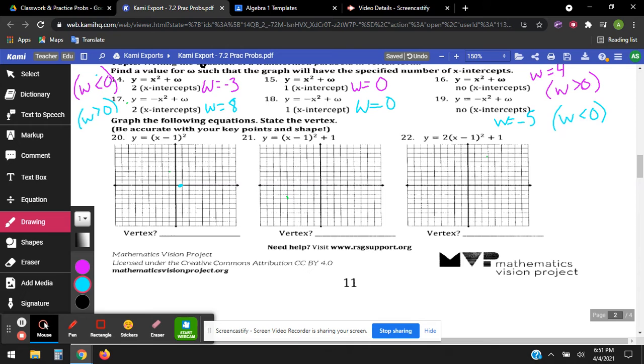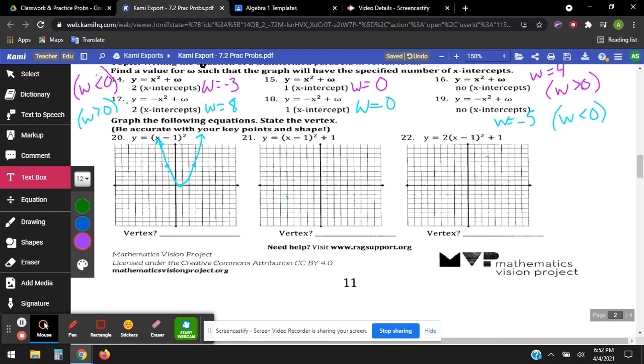So 2 minus 1 is 1 squared, on each side of it. 3 minus 1 is 2 squared, which is 4. And I don't know if I have room to do 3 squared. Oh, just enough room. Okay.